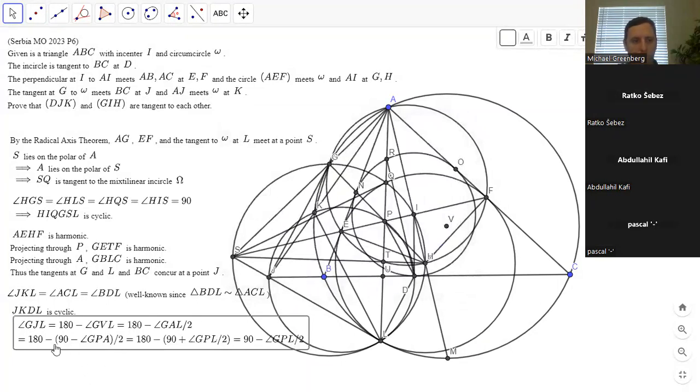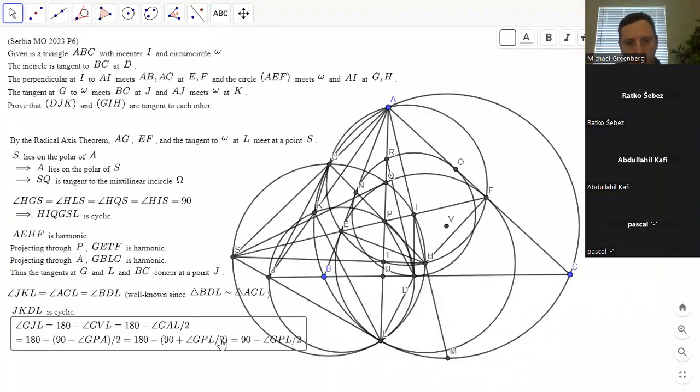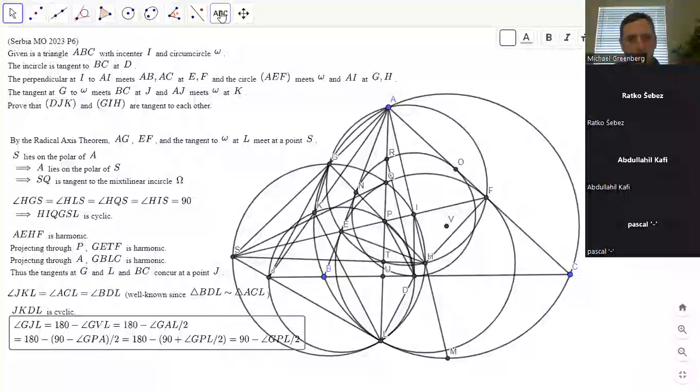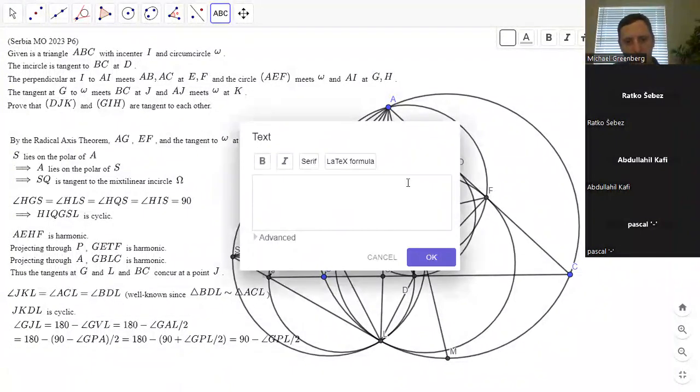Okay, so this proves that J is this, so since JG equals JL, this proves that J is the circumcenter of GPL. So JG equals JL implies J is the circumcenter of GPL.